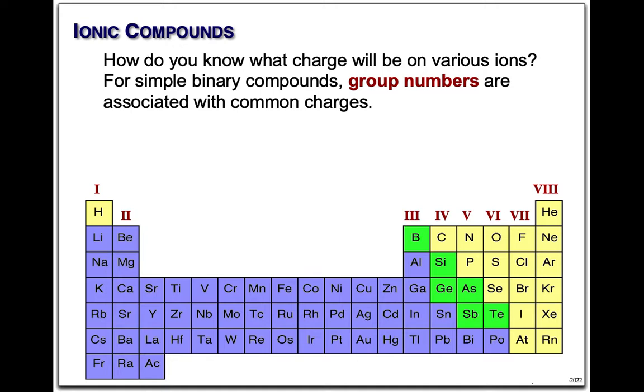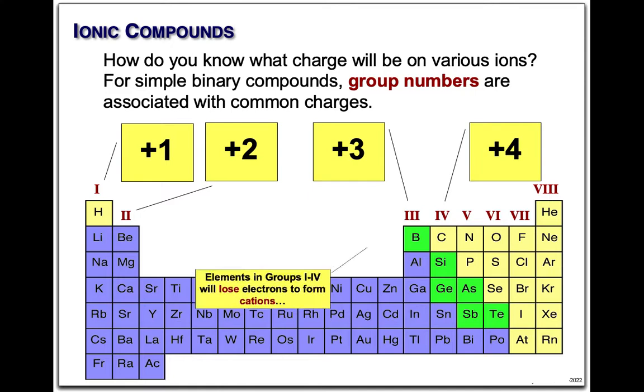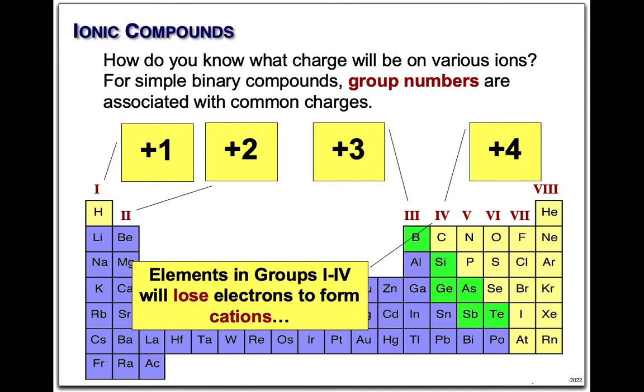For the first 4 groups, it is energetically more favorable for the metal to lose an electron and become a cation. So things in group 1 will be +1, +2, +3, and +4. They all form cations, the metals do. Down here, tin and lead.